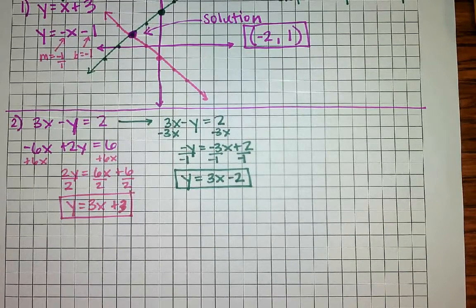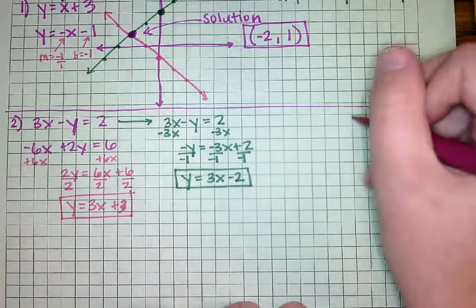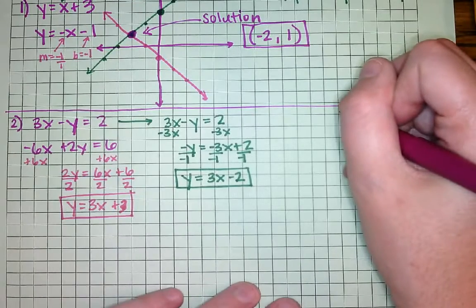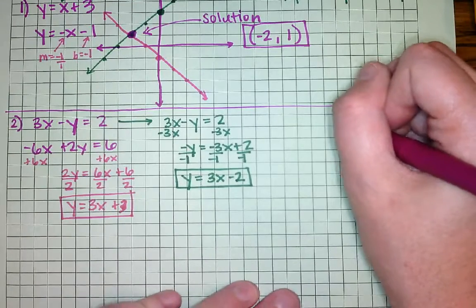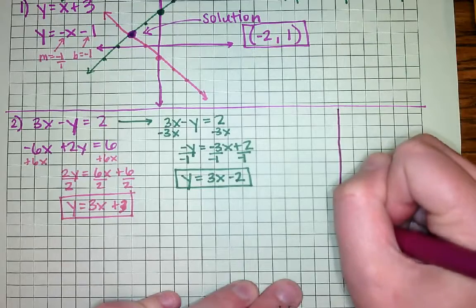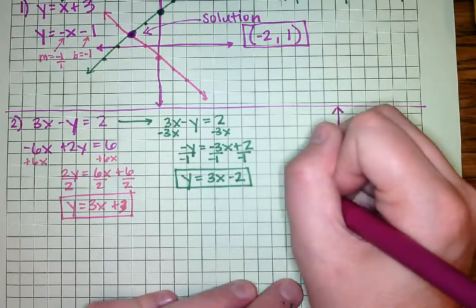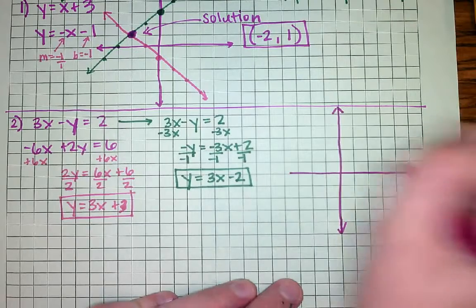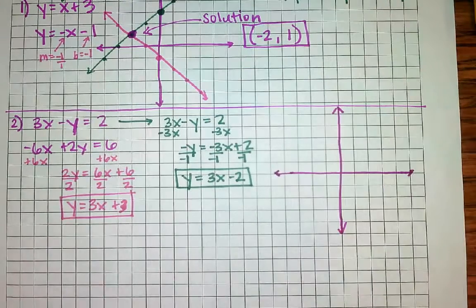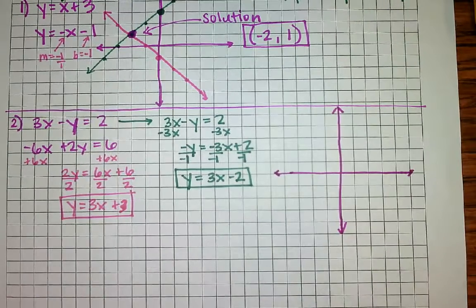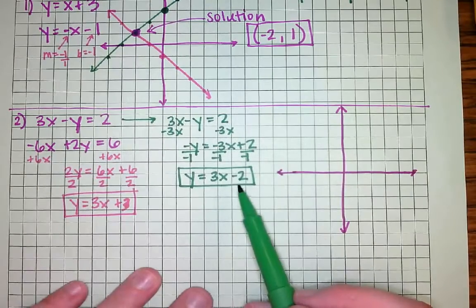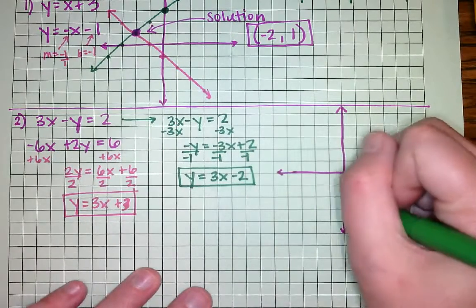So I'm going to go over here and I'm going to make a lovely little graph. Okay, so we have this here and we got this here. Okay, so for my first graph, 3x minus 2, I'm going to begin on negative 2.